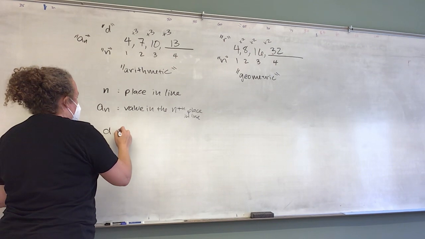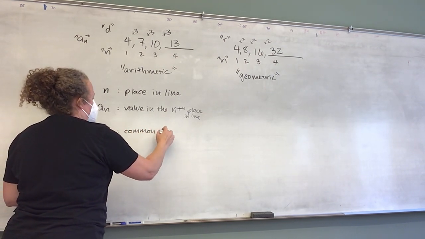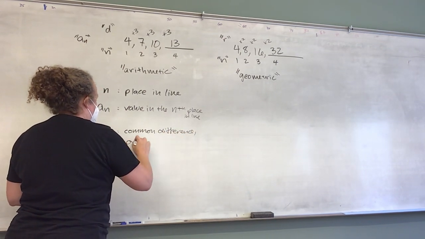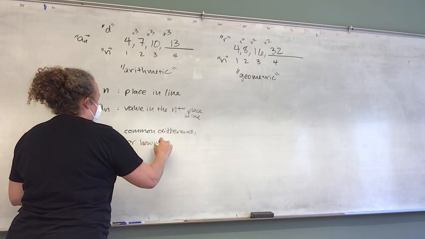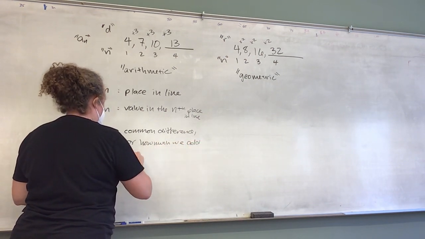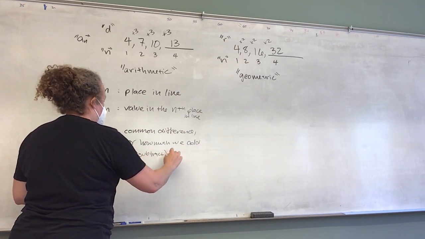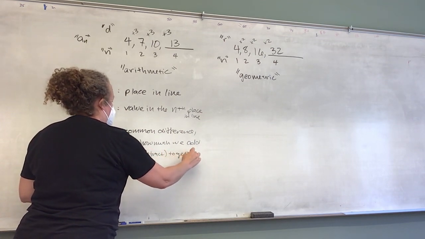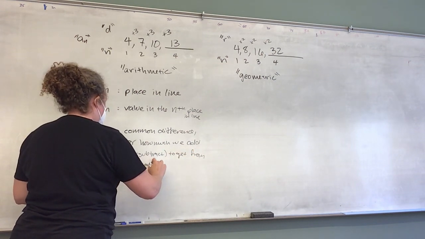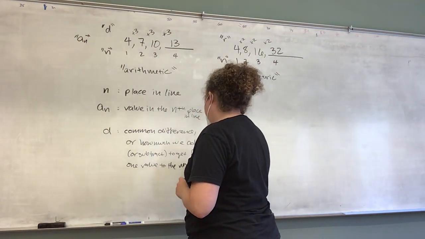And we've got d, which is the common difference, or how much we add or subtract to get from one value to the next.